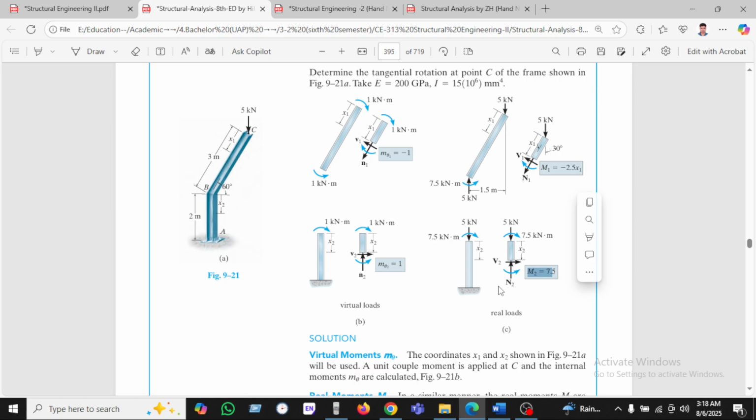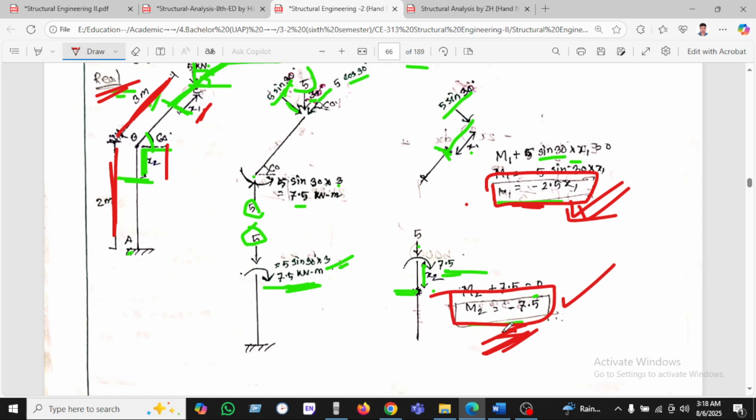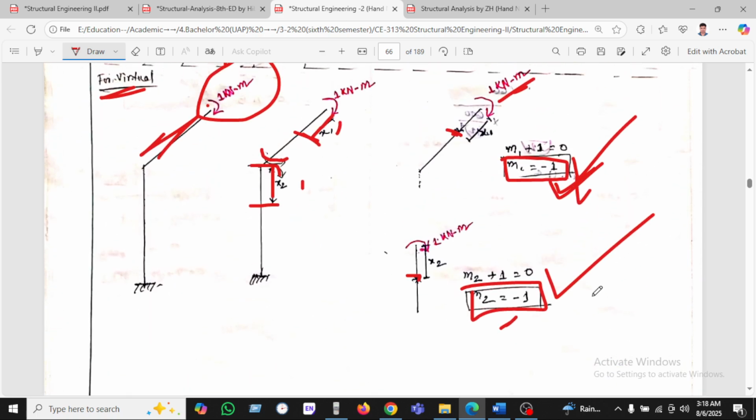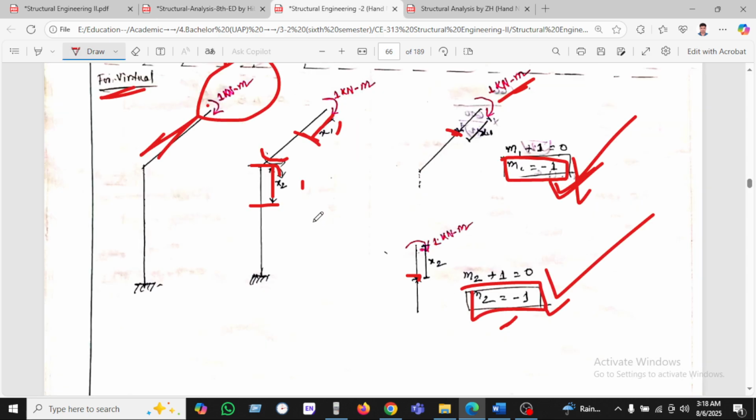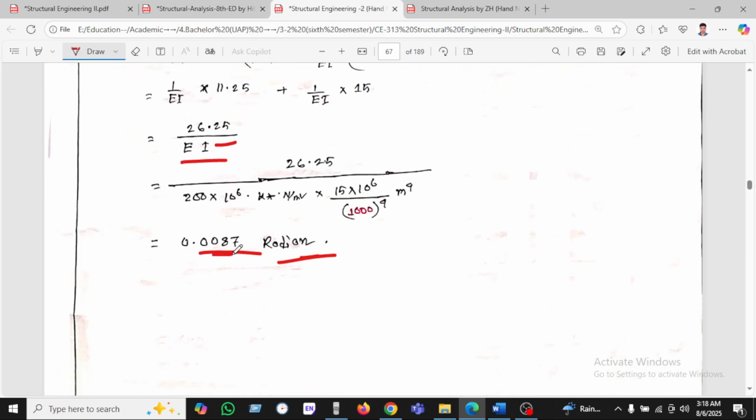And for the virtual, m1 equals minus 1 and m2 equals 1. After the calculation we found 0.00875, so we also found 0.0087 radian. So this is our answer.